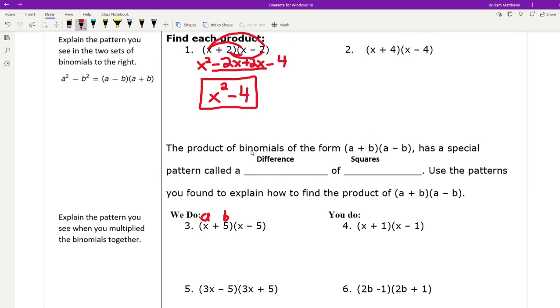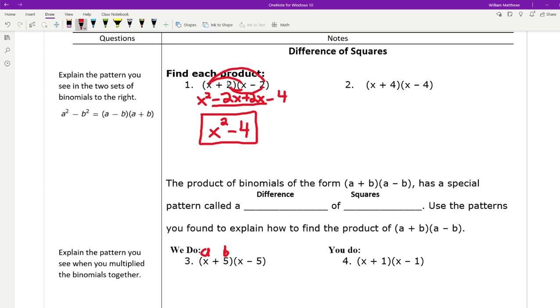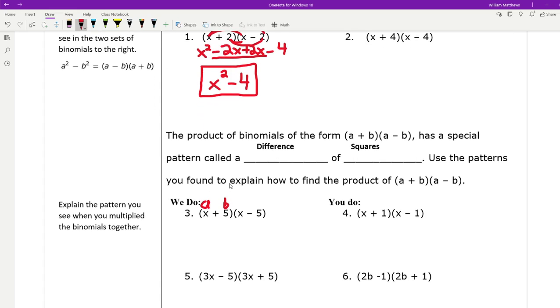So instead of going through this step where I have to distribute everything and showing my work, I can follow this rule up here because they are difference of squares. I know I need to take my a value, which is x, and it needs to be squared. And I need to take my b value after subtracting, and I need to square it.